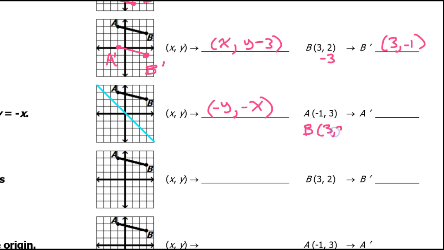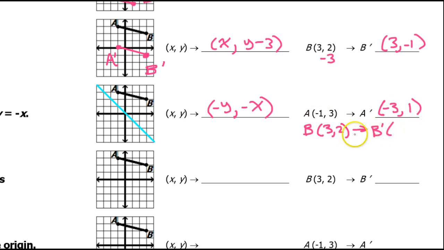So I'm going to write that down. And so I'm going to actually find B prime as well. So opposite of y. So looking at point A, the opposite of y would be negative 3. The opposite of x would be positive 1.